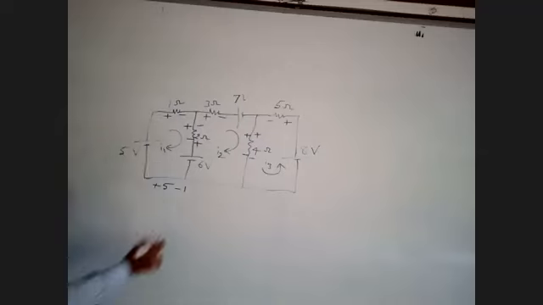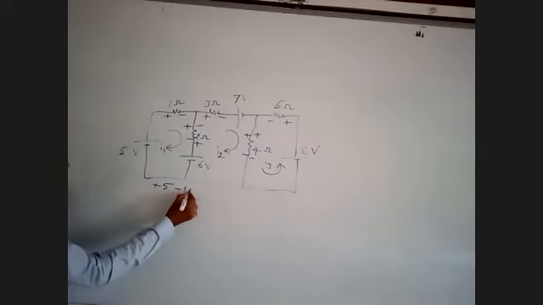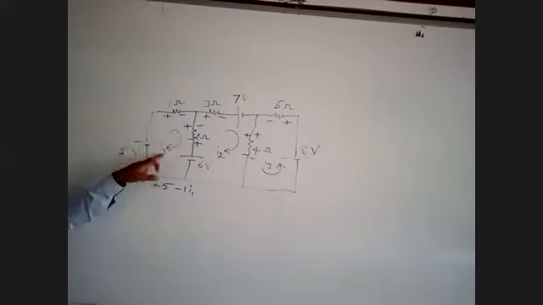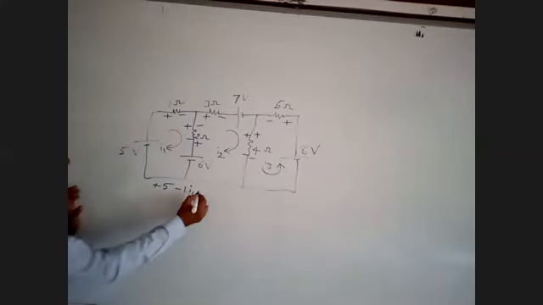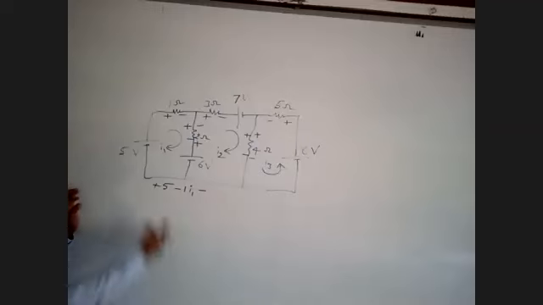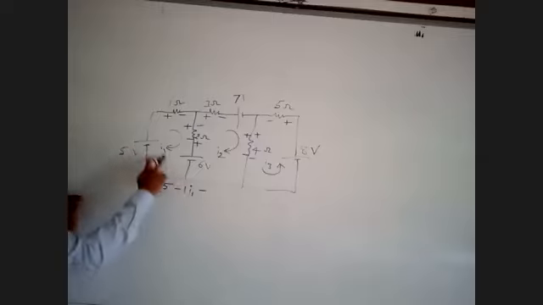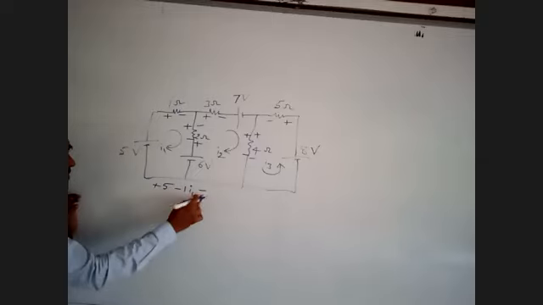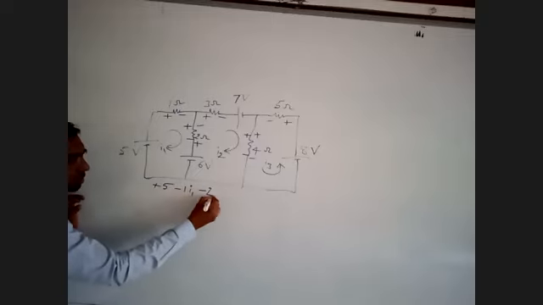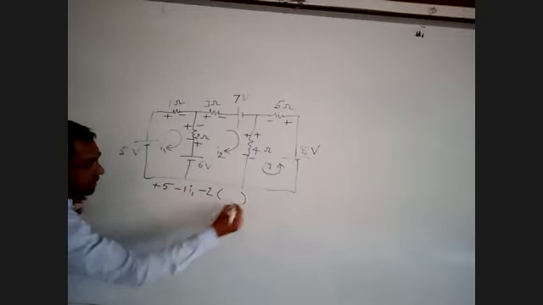What is the current in 1 ohm now? I1. I1 is flowing from plus to minus, so minus. In the first loop you have to see I1 only. I1 is flowing from plus to minus, that is minus 2. What is the current in this?